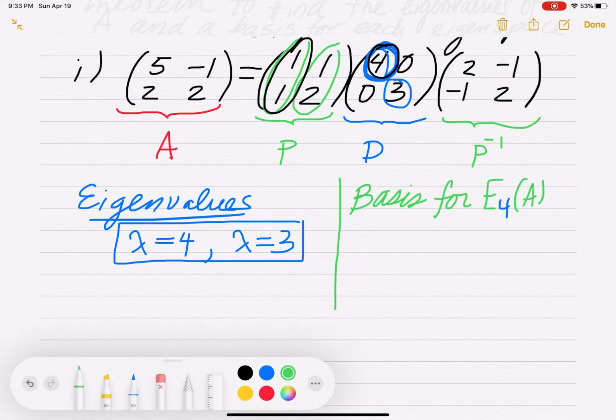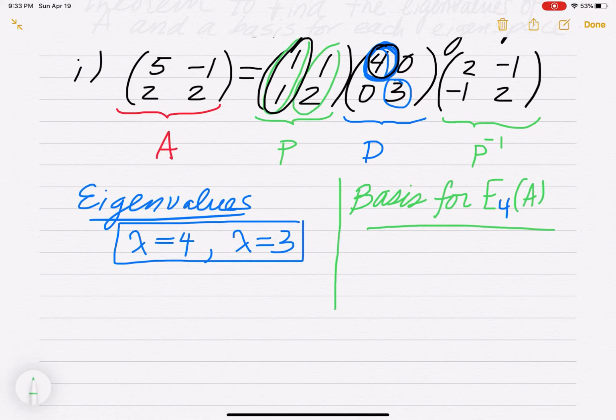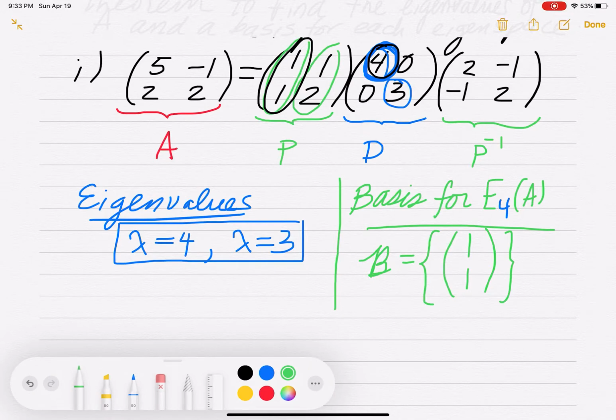So a basis here, I'm going to call it B for basis, is the set containing that first vector, 1, 1. So the eigenspace of A associated with the eigenvalue 4 consists of just that first column vector in P, 1, 1. Then you have to do the same thing for the second eigenspace.